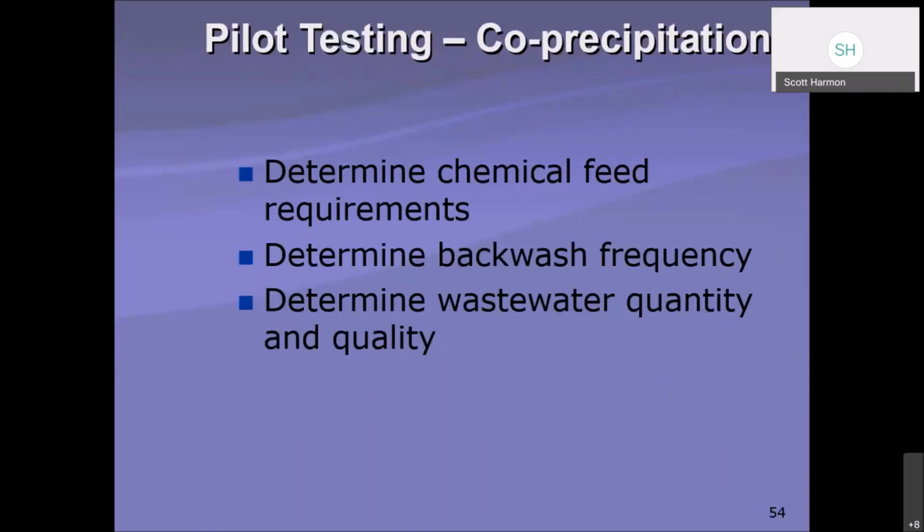And pilot testing for these types of things are great because you can determine your chemical feed requirements, your backwash frequency, and the quantity and quality of your wastewater product, right? So what you're losing through your filtration process or your membrane process, because it's going to be important, again, because that wastewater quantity and the concentration of arsenic in there will be an issue.